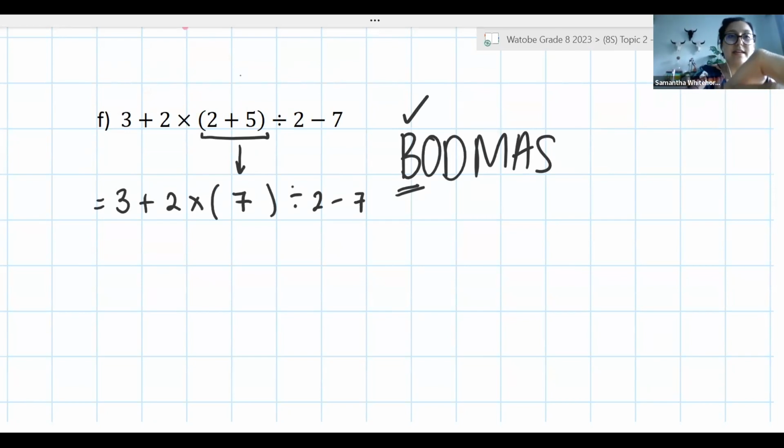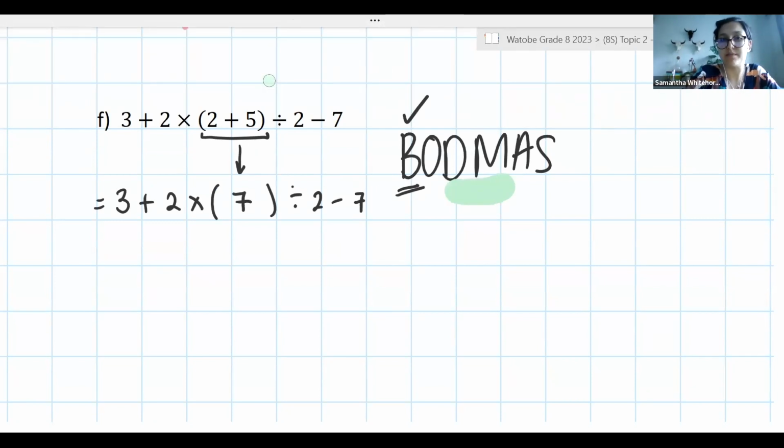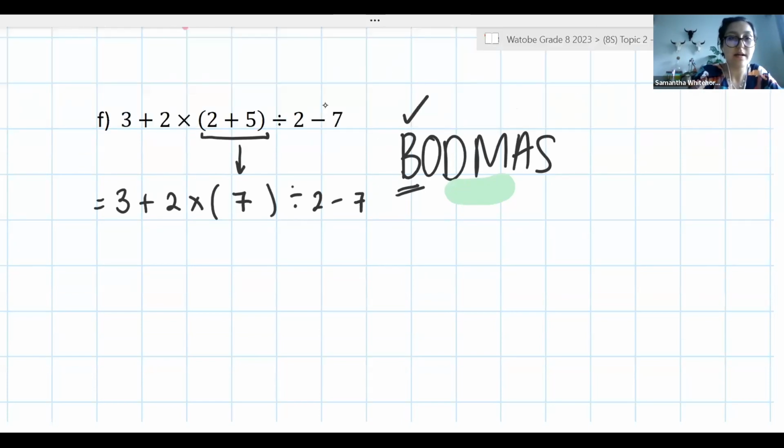Now I move on. The next thing I need to deal with is either division or multiplication. Now I've got both in the sum, so I need to decide which one I'm going to deal with. But don't stress yourself out. Let's just work left to right in this case, because it doesn't matter in which order you do it. So let's start with 2 times 7. I'm going to leave the 3 plus there.